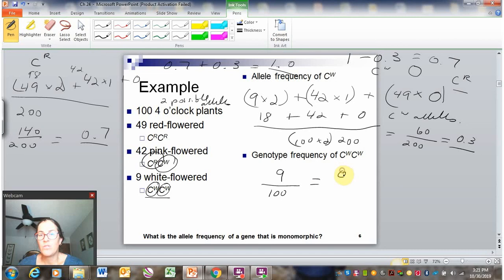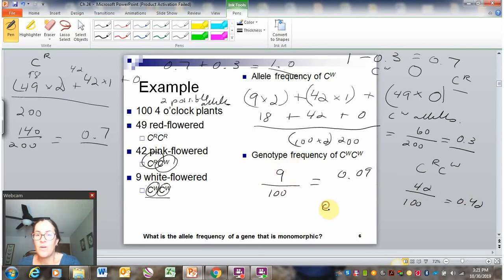This would be equal to a frequency of 0.09. For CRCW, the heterozygotes, there are 42 of them, out of 100 individuals, so that's 0.42.